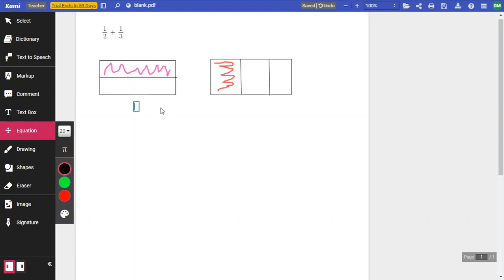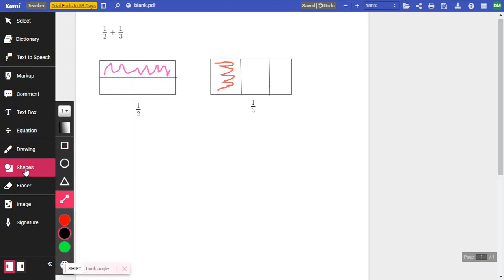So this is my 1/2, and this is my 1/3. So what I need to do is find a common denominator, and the way that we're going to do that is the way that always works. We are going to multiply them together, and 2 times 3 is 6. So my common denominator is going to be 6ths.